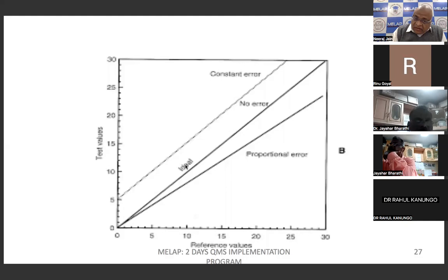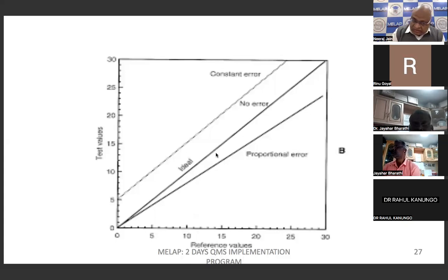But if your new machine is providing you high results consistently at all ranges, it is called systematic constant error. If low values, again, if the difference is same, systematic constant error. But if this difference is increasing with increasing concentration, it is called systematic proportional error.